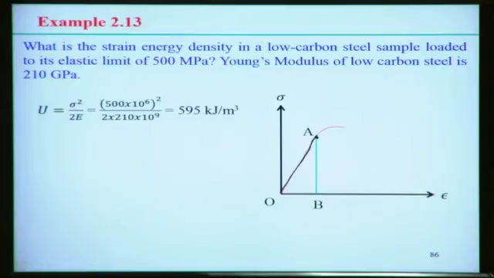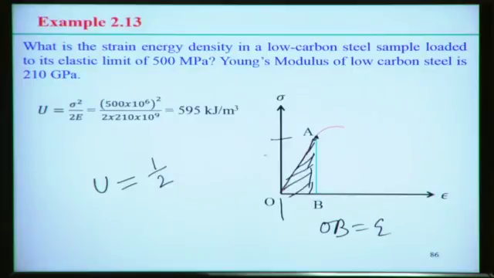In this case, for the strain energy density, if we physically estimate it, OB is the amount of elastic strain, so that area represents the energy per unit volume if we use it at A. So that is the area of this triangle, suppose OB equal to epsilon and the stress is sigma.